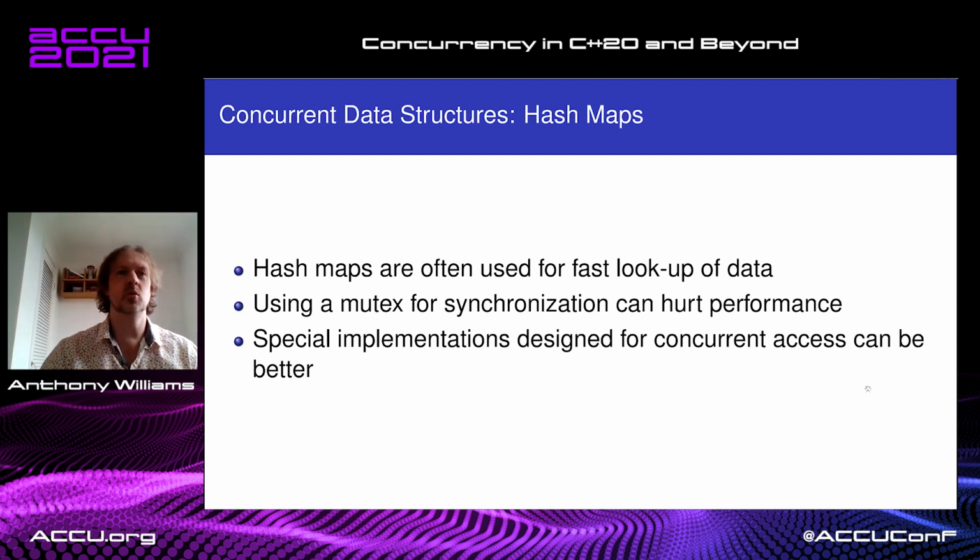Likewise, hash maps also provide a mechanism that is used between multiple threads. We use hash maps ideally because they're fast for lookup. But if you're using mutexes for synchronization and it's a highly contended case, then that can be slow. If you have something that is mostly static data, then using a standard mutex is really just adding performance overhead.